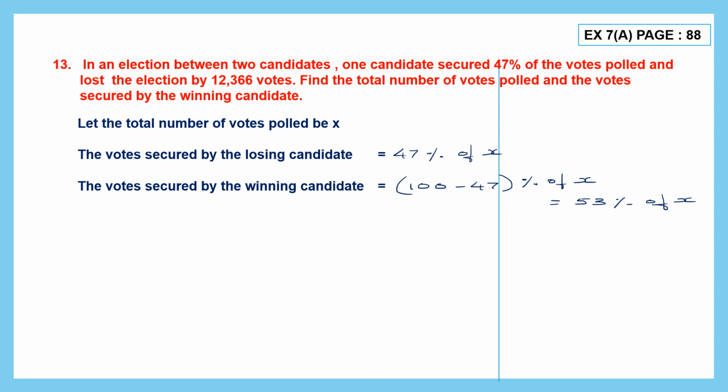So let's do that. That is 53% of X, now this minus 47% of X. And how much is that equal to? It's given to us here.